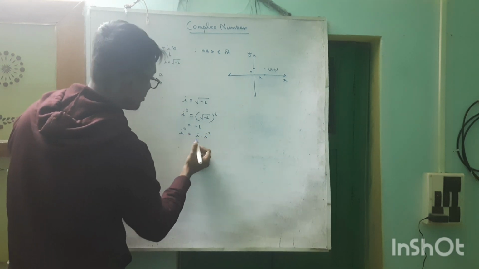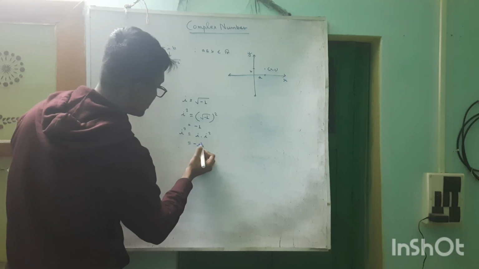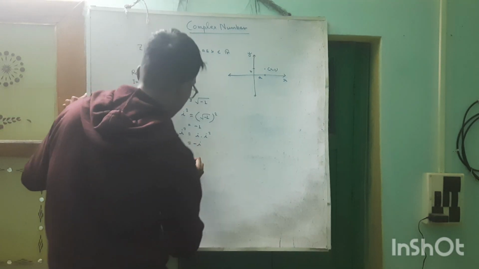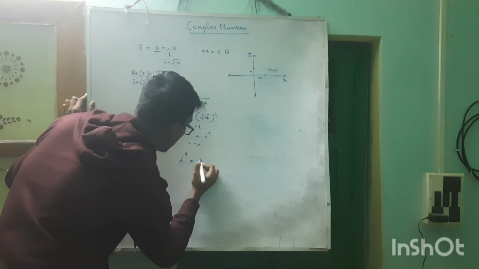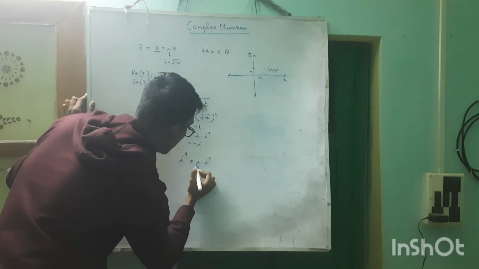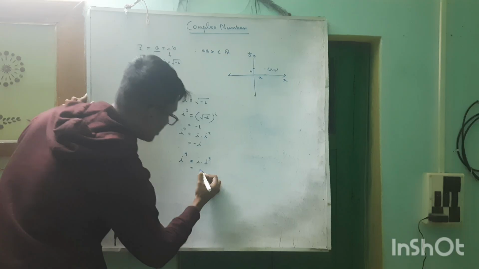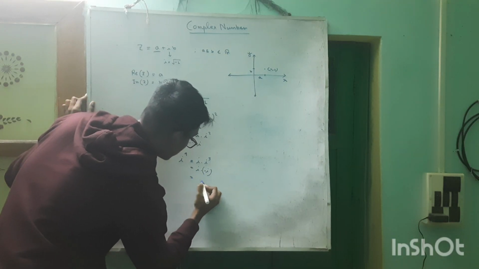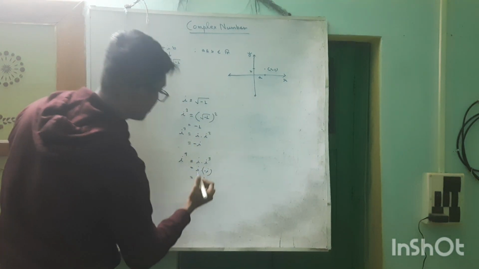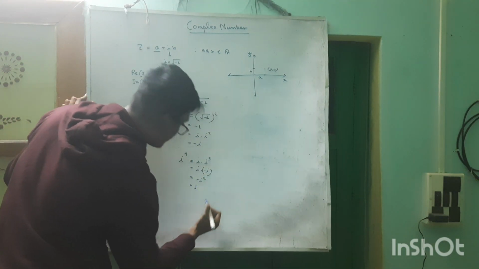We know that i square is equal to minus 1, so that is minus i. What about i to the power 4? i to the power 4 is equal to i into i cube. i cube is equal to minus i, so that is i into minus i, that is equal to minus i square. i square is equal to minus 1, so that is plus 1.